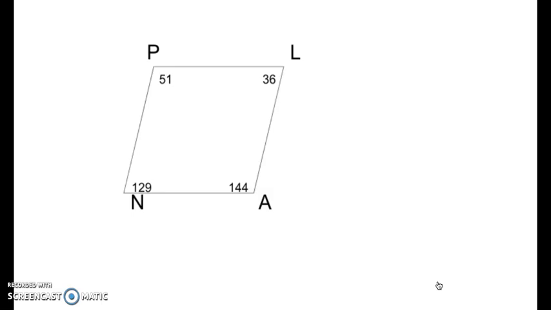To figure out which sides will be parallel, we need to see which pair of angles add up to 180 degrees, and that's because all four of these are same side interior angles, but only the ones that add up to 180 would be parallel. 51 plus 129 is 180, and 36 plus 144 is 180. So P, L, and A are the sides that are parallel to each other. So let's type that in.